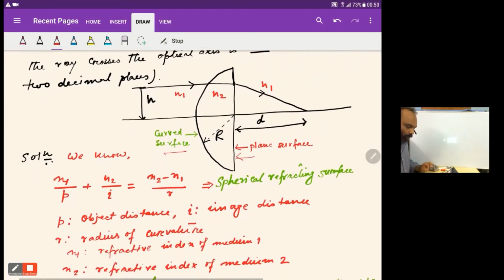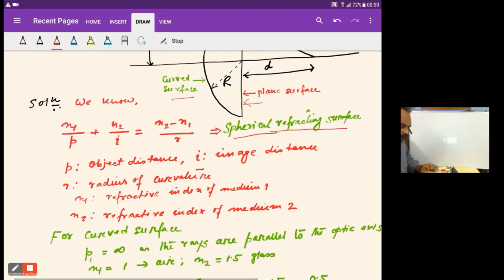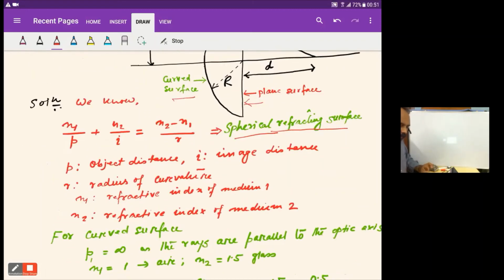Now, we know that for a spherical refracting surface, n1 by p plus n2 by i is equal to (n2 minus n1) by R. p is the object distance, i image distance, R radius of curvature, n1 refractive index of medium 1 and n2 refractive index of medium 2.